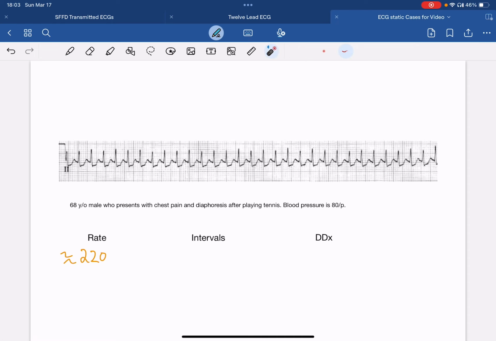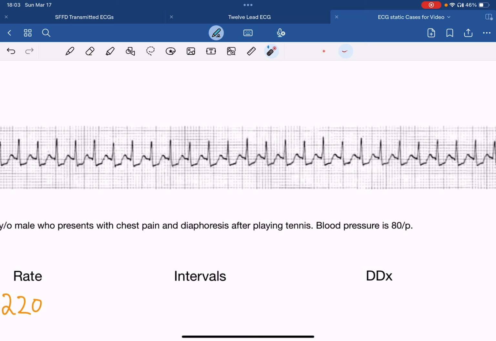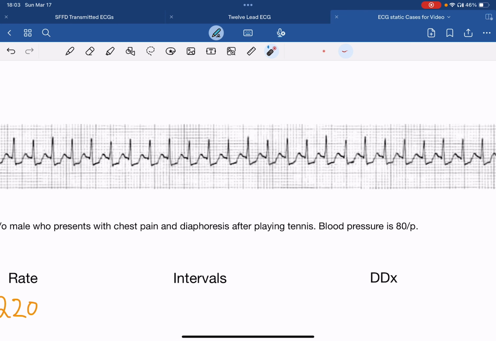From there, we're going to take a peek at what these intervals are doing. And this is important because it's going to give us some ideas as far as where this is occurring within the heart, as well as classifying this particular type of tachydysrhythmia. So as we look for our intervals, we're considering the P waves, the QRS complex, and the T waves, specifically the QT intervals, the distance between a Q wave and a T wave.